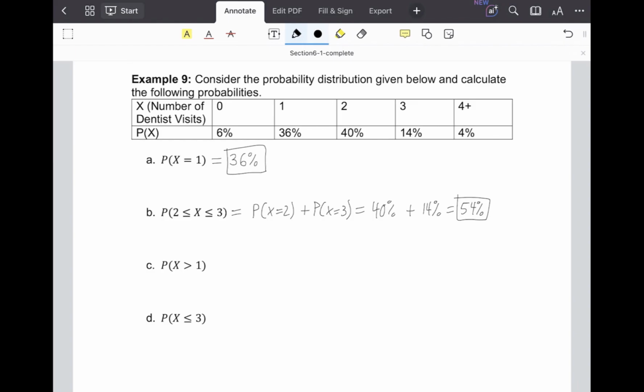Okay, now for probability x is greater than 1. Greater than 1 doesn't include 1, so it's the 2, 3, and 4 plus. Those three there. We add those three together. And that gives us 58%.